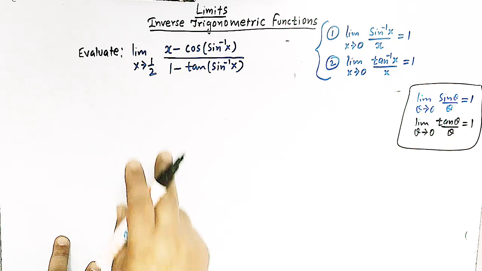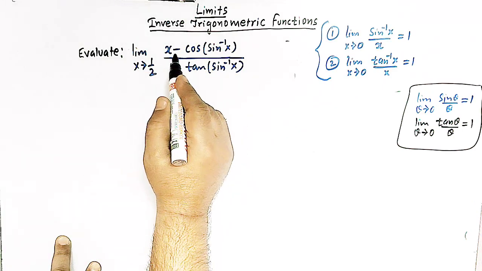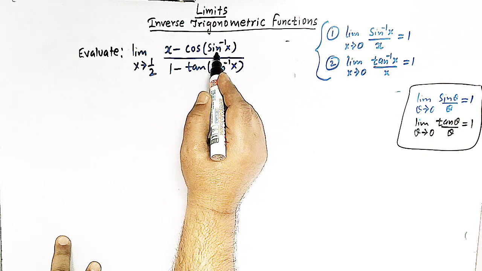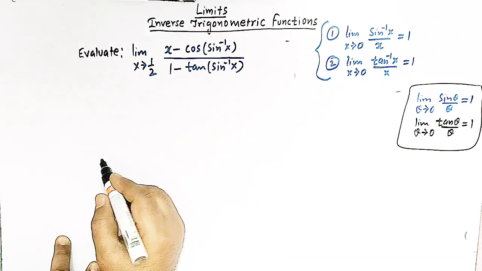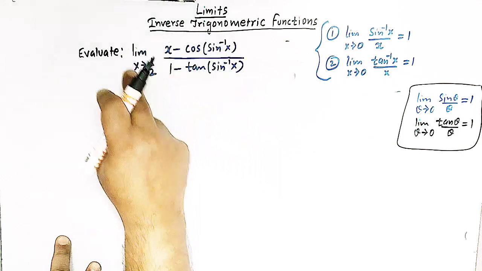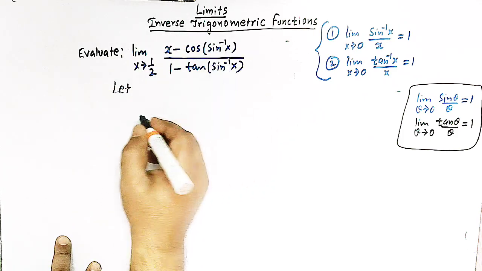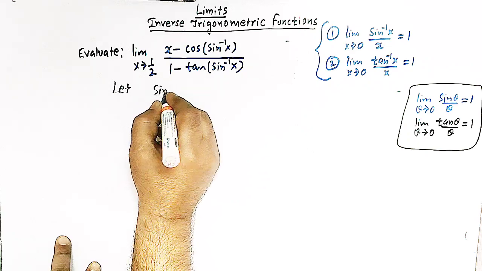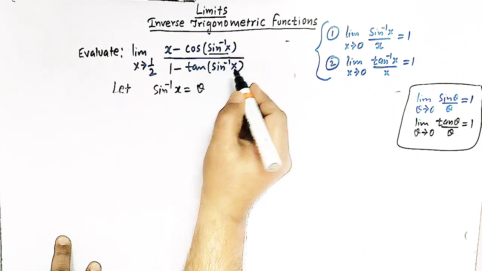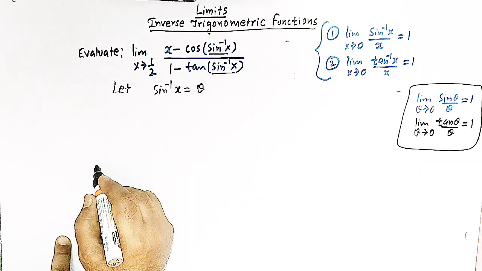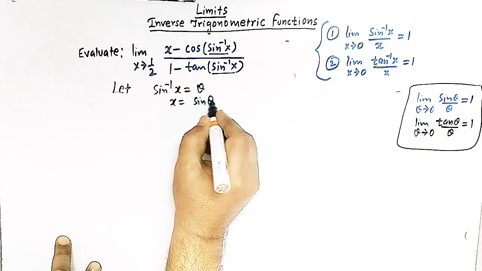So now let us solve this problem. Here we have limit x tends to half, and we have sine inverse x and 1 minus tan sine inverse x. So here to evaluate this limit, let us first make this substitution, that is sine inverse x is equal to theta, right? So here we have sine inverse x, here also we have sine inverse x, so that x is equal to sine theta.